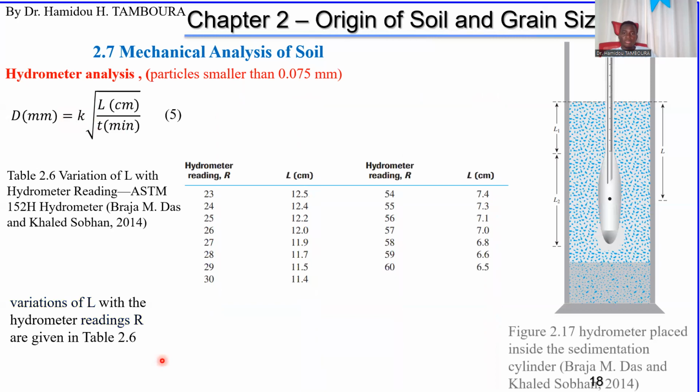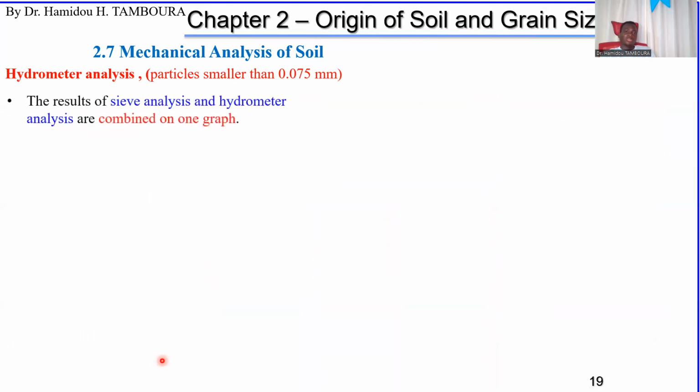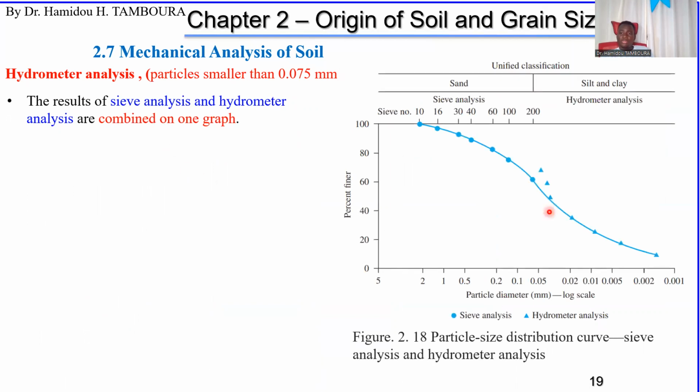Then after making both sieve analysis and hydrometer analysis, you can combine these two to make only one graph, like this one.